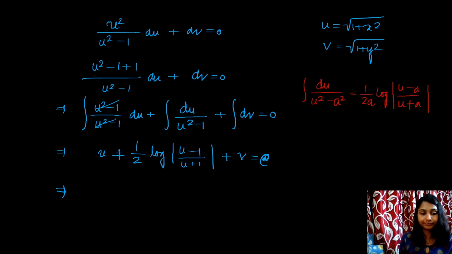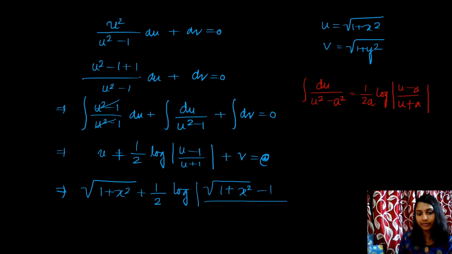So it will give root over 1 plus x square plus half log mod root over 1 plus x square minus 1 divided by root over 1 plus x square plus 1, plus v means root over 1 plus y square, equals to c.